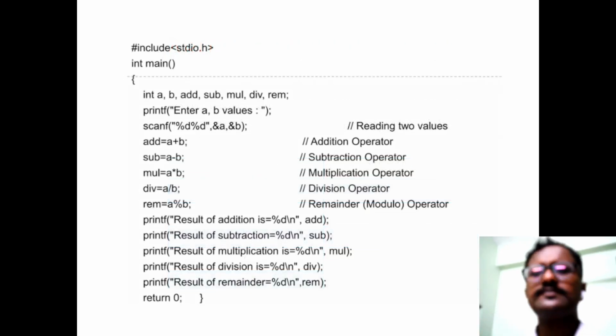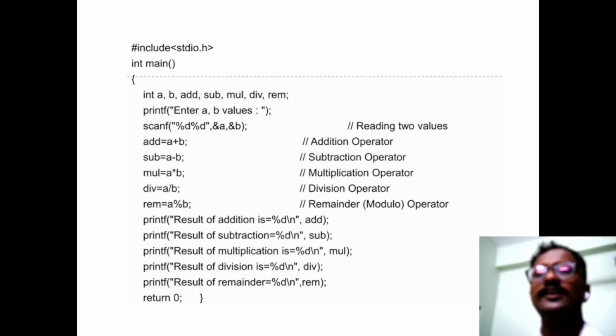This is the basic program of an arithmetic operator. Here we are using the operators add, sub, multiply, divide, and remainder. Here the modulo operator is also called the remainder. I will explain each and every line in this slide.